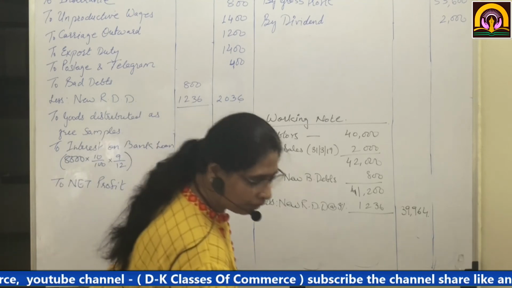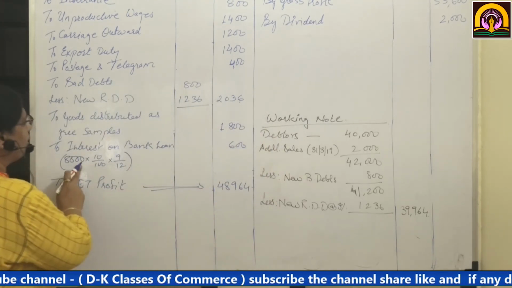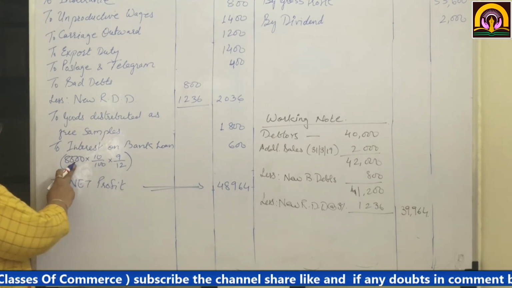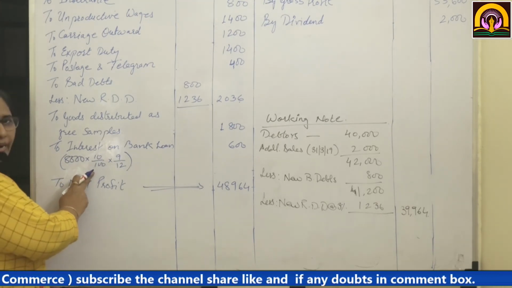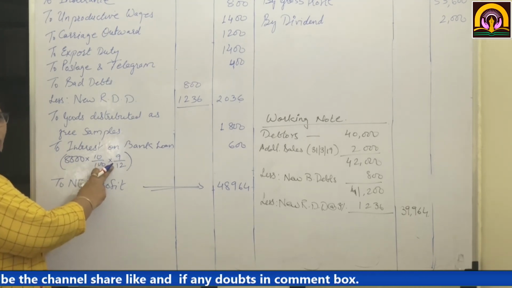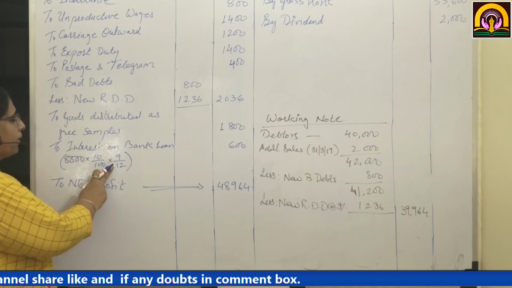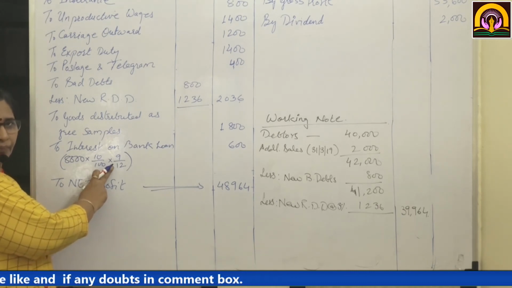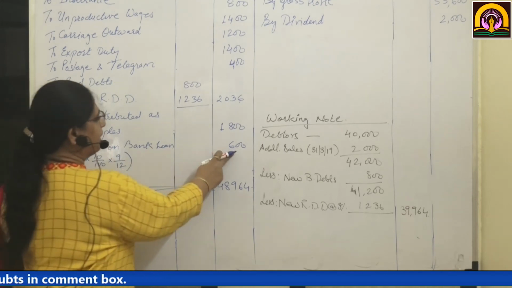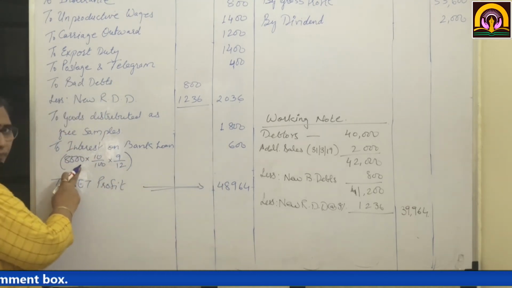How much is given? 8,000 loan is given. So interest on bank loan, see, 8,000 is the amount. The rate of interest is quoted as 10%, so 10 upon 100, and for how many months? That is taken on 1st July, so 9 months. This comes to rupees 600. Is it clear?